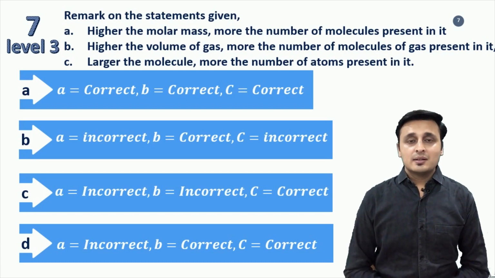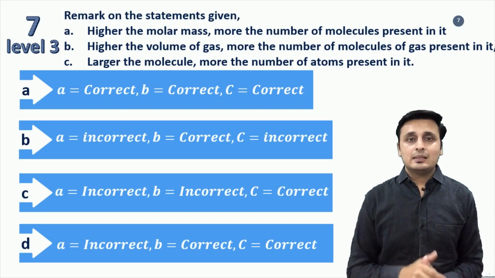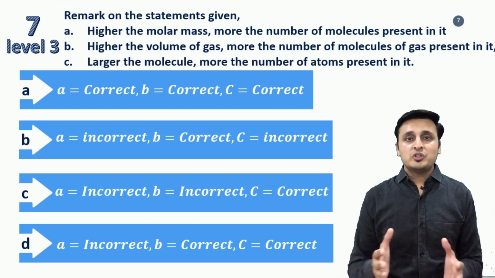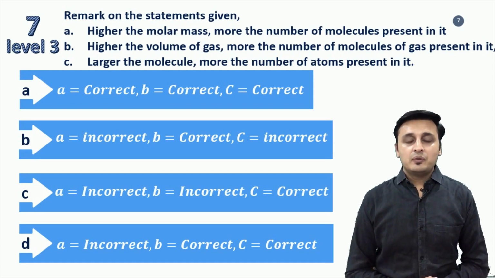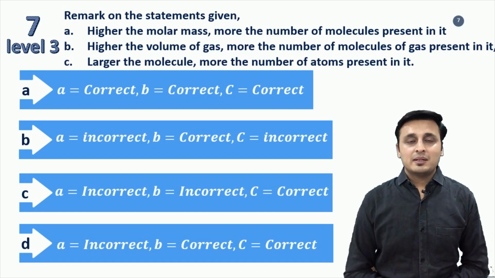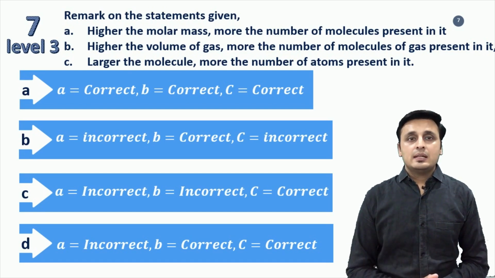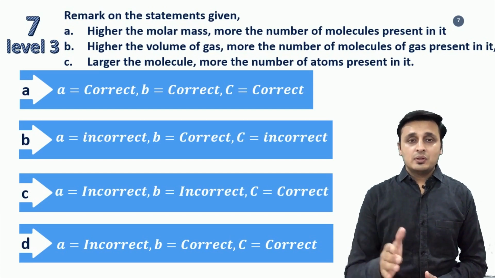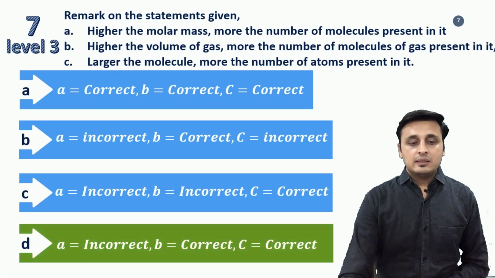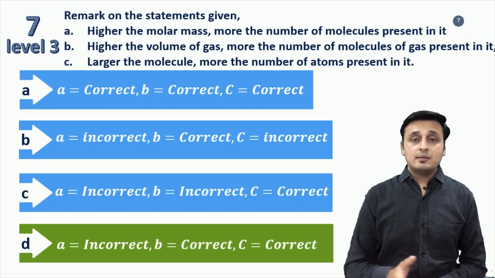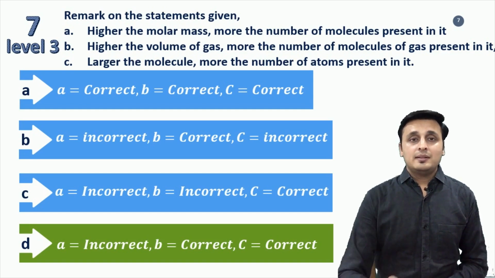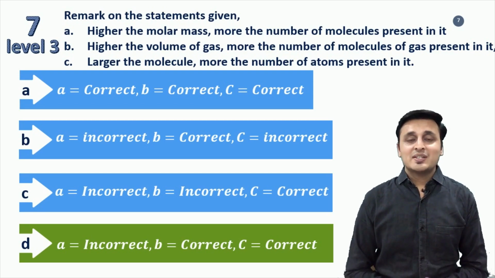If the molecule is larger, definitely the number of atoms present in it will be more because the composition is formed by more atoms, and therefore larger the molecule, more the number of atoms present in it is a true statement, and statement C is the correct statement. Therefore the correct answer for this question will be D, that is A is an incorrect statement, B is a correct statement, and C is a correct statement. And this is all about today's 7 question session.